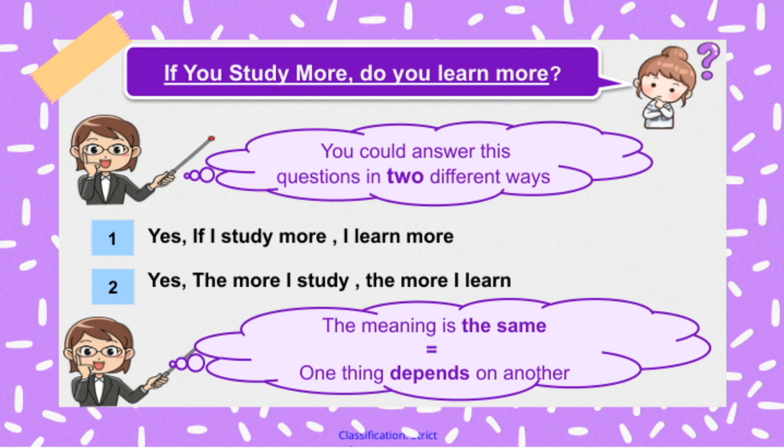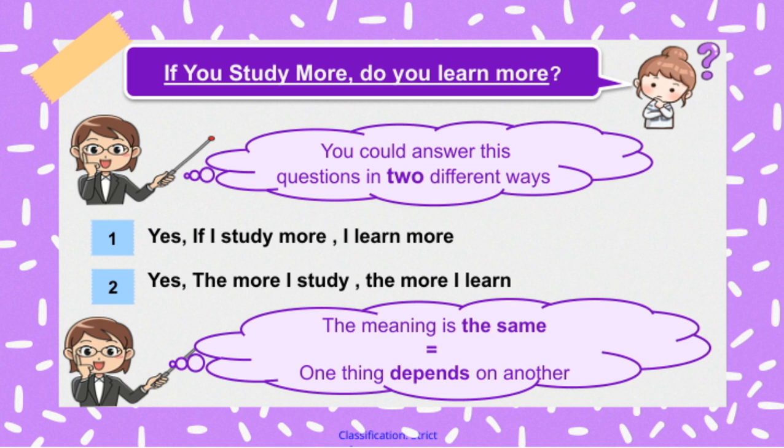Now, an interesting point here is that you could answer the question, if you study more, do you learn more? In two different ways. You might say yes, because the more effort you put in, generally, the more you understand. Or you might consider other factors, but the key takeaway is the clear cause and effect relationship between studying and learning.